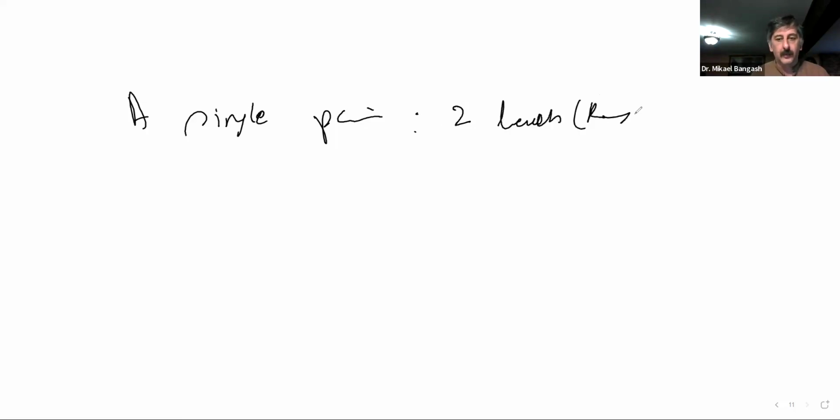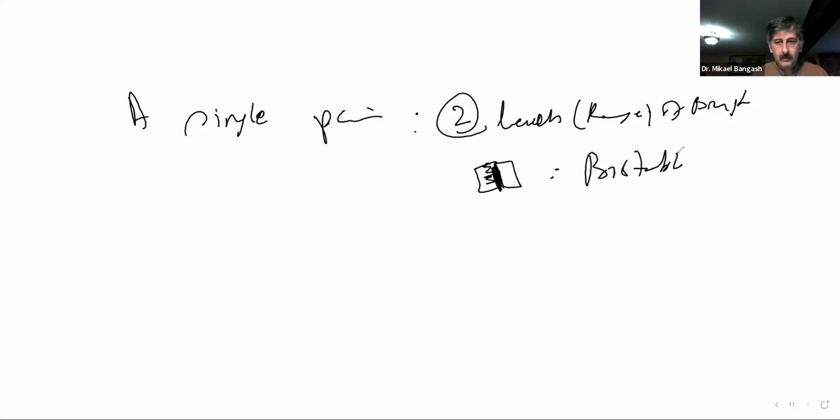Levels or range of brightness. But when we only had two levels of brightness, one is black and one is white. That was what we called bistable.